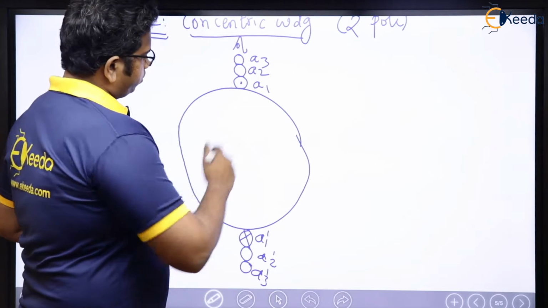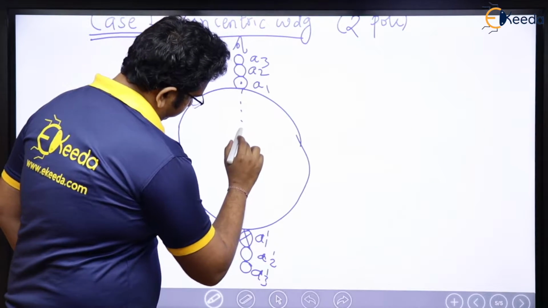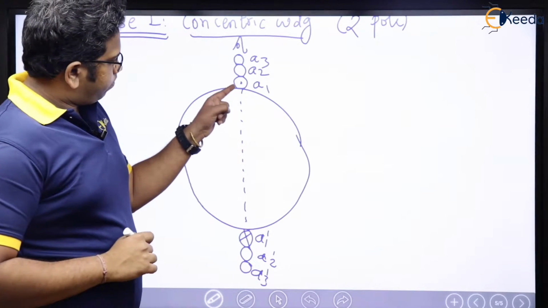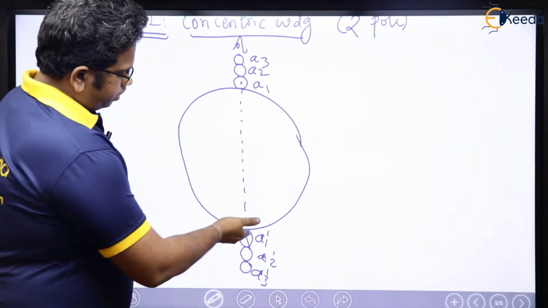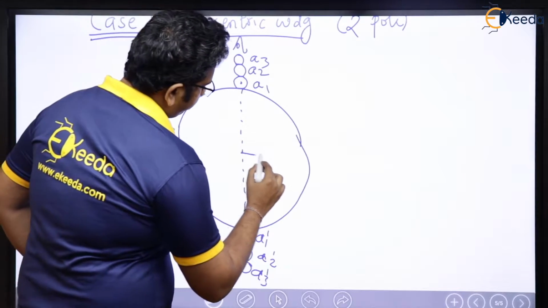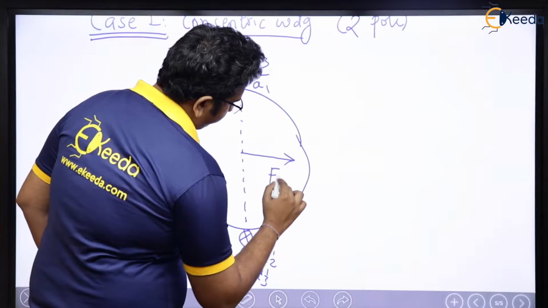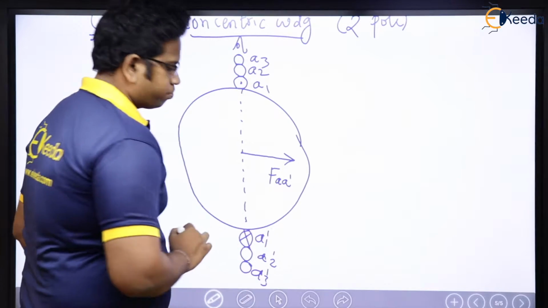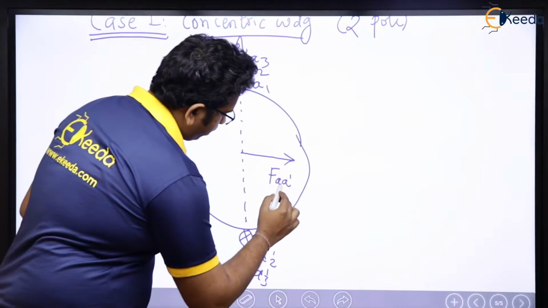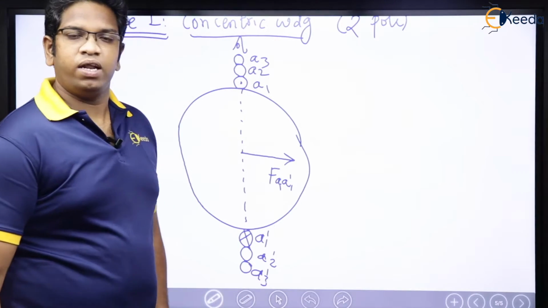This way, because the axis is going to be same. Here it is cross, so into the page, out of the page, MMF is this way. So this is going to be the MMF F A1 A1 dash.